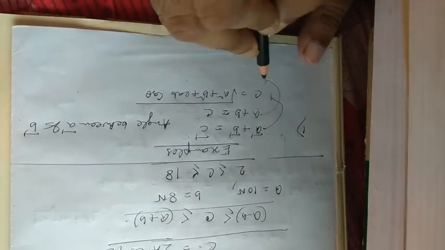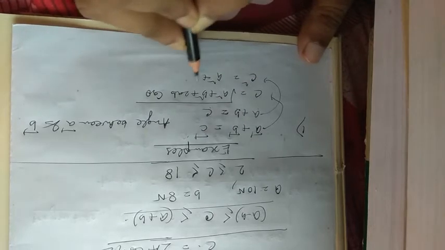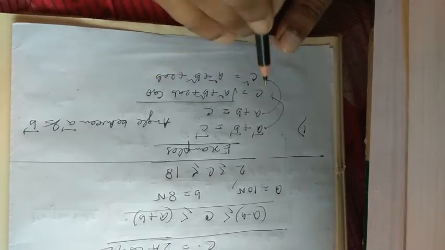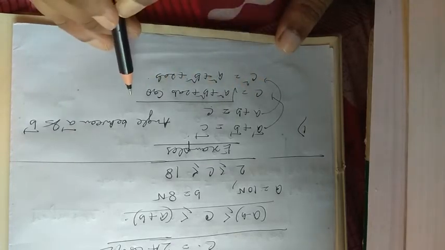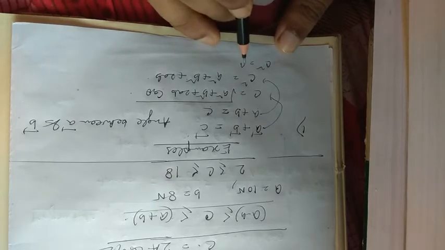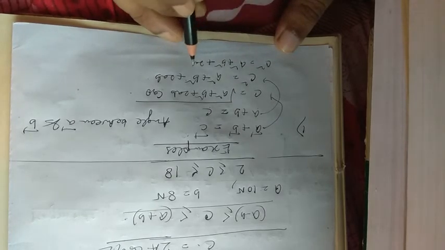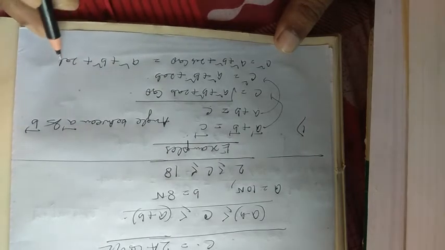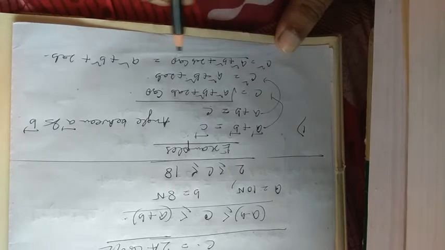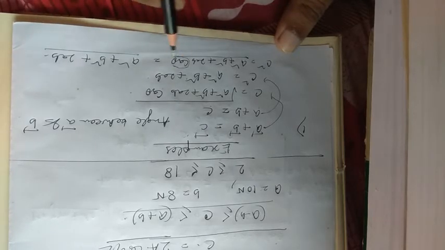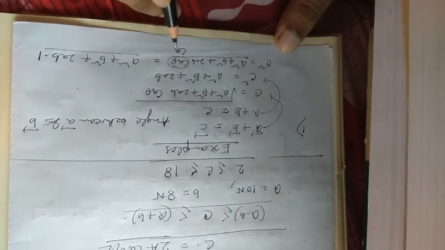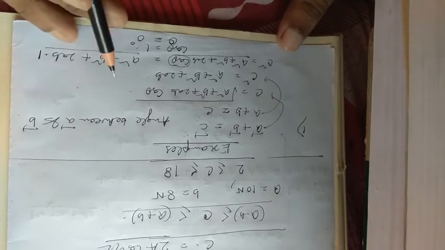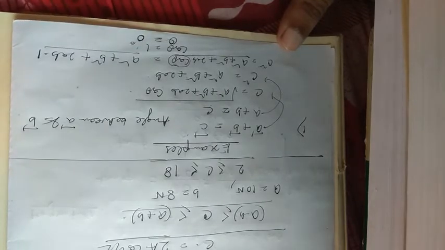And from the second relation we can write C square is equal to a square plus b square plus 2ab. Squaring the first one, the root is no more there, and we equate it with the second one. Comparing these two sides, cos theta is equal to 1. Therefore theta is equal to 0 degrees. The angle between the two vectors A and B is 0 degrees.